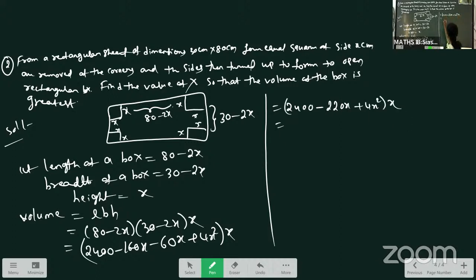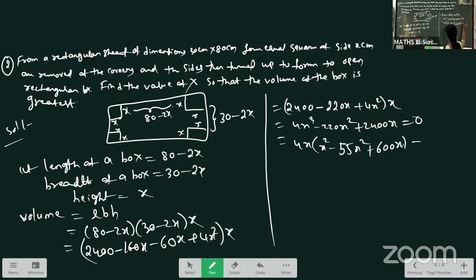Now multiply with x: 4x cube minus 220x square plus 2400x. It is a cubic equation we are getting. So take 4x common.